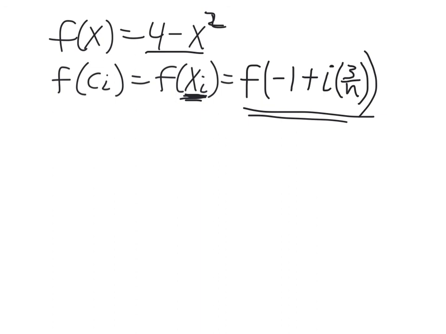So f of x sub i will be, notation-wise, I'm going to change this a little bit. We'll combine i times 3 over n as 3i over n. 4 minus x squared, to evaluate at x sub i, we'll have that.